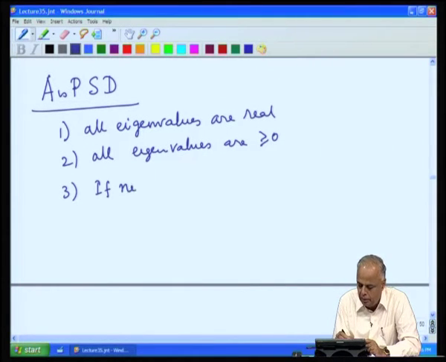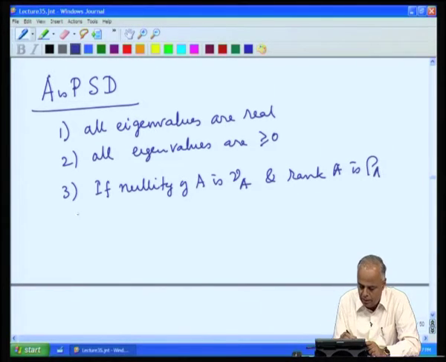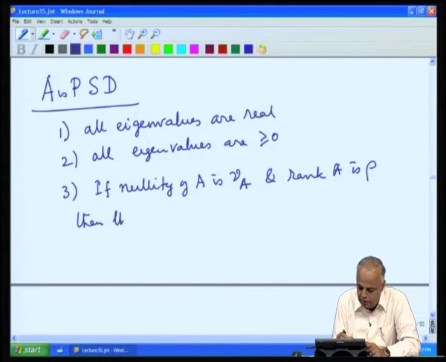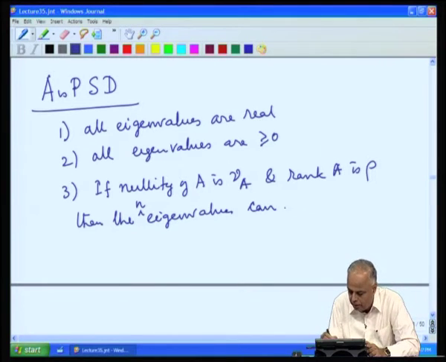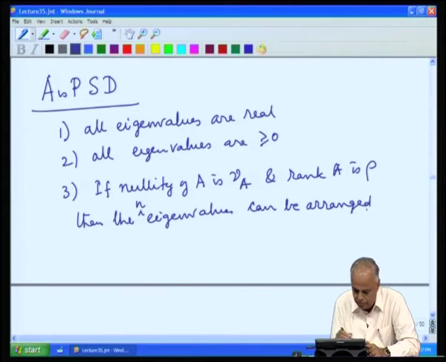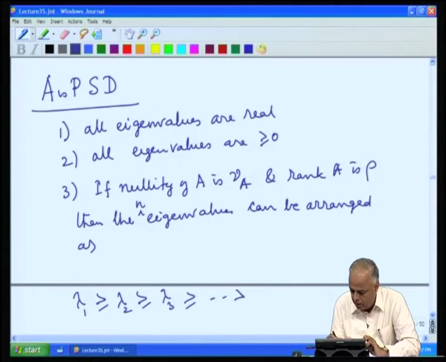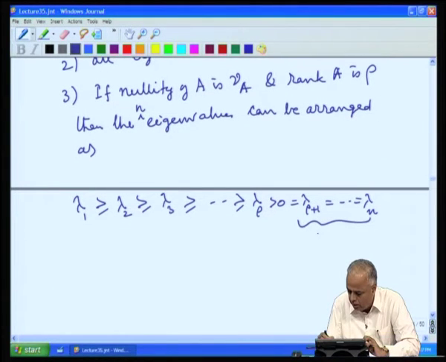If nullity of A is nu A and rank A is rho, then the n eigenvalues, with multiplicities included, can be arranged as lambda 1 greater than or equal to lambda 2 greater than or equal to lambda 3 greater than or equal to lambda rho greater than 0, and then lambda rho plus 1 onwards, all these eigenvalues are 0, and there are nu A of these.